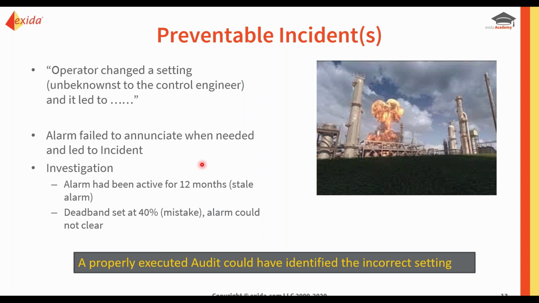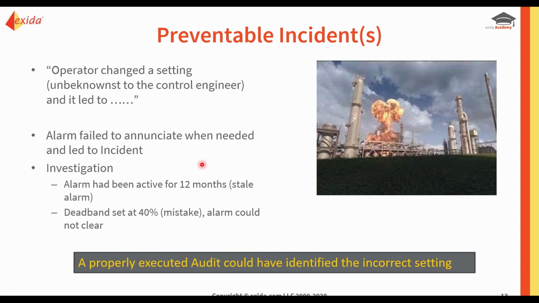Perhaps someone was trying to set it to 4% and, as I would say, fat-fingered the typing and put an extra 0 in there and ended up with 40%. Well, if the company had had an auditing and enforcement program in place that compared the target, which was 4%, let's say, to the actual, which is 40%, it would have identified that discrepancy.